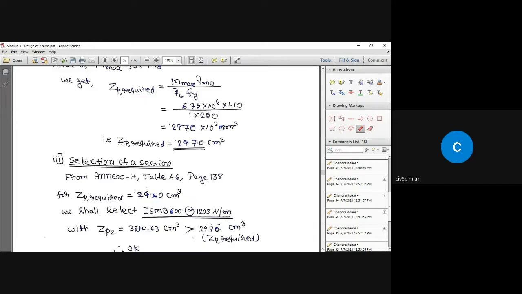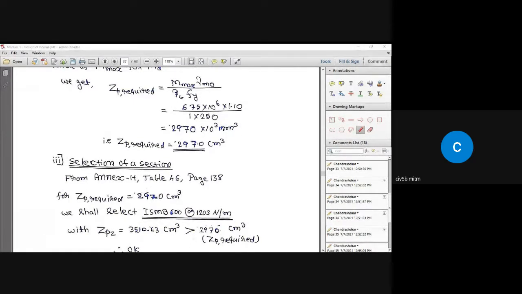Then go up a little bit, look for ISMB 600. Okay, ISMB 600. So what is the section modulus for ISMB 600? Again, come horizontally to the last but one column.